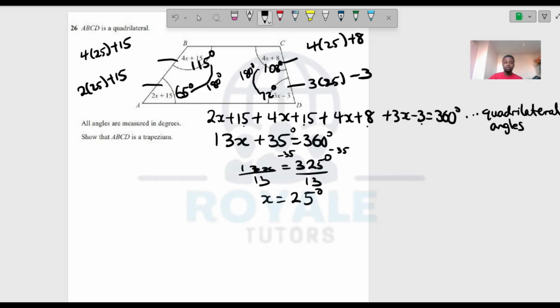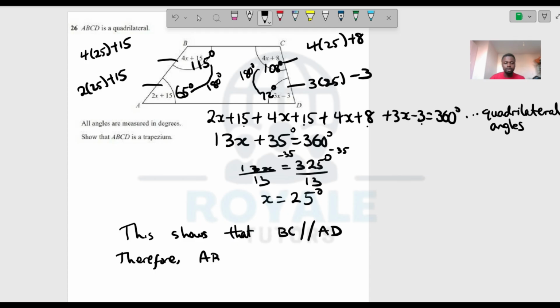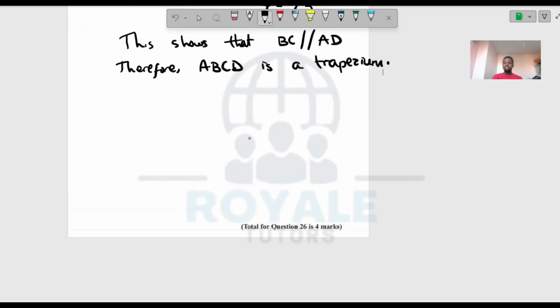That's true. So once you do that, you just say: this shows that line BC is parallel to line AD. Therefore, ABCD is a trapezium. And that's it.